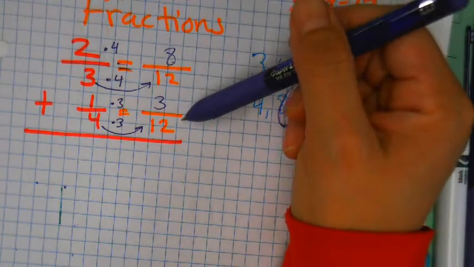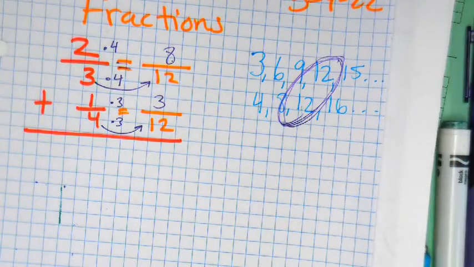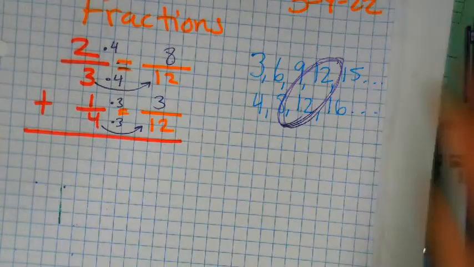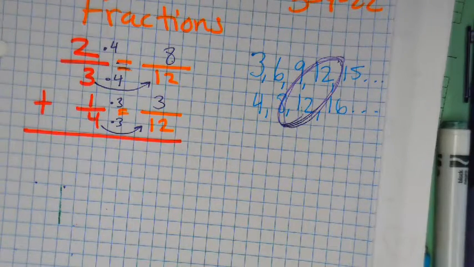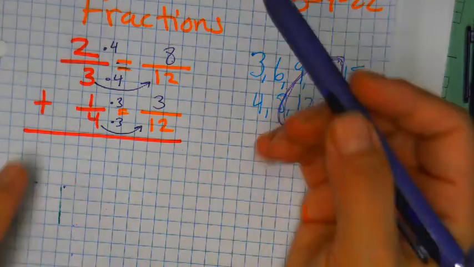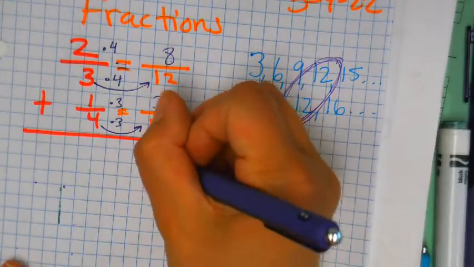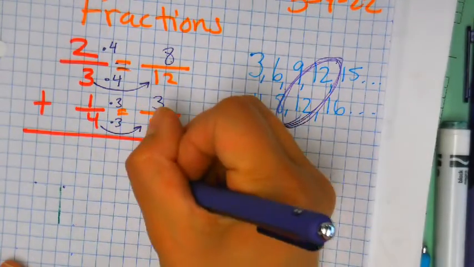And it's like, no, don't keep the same numbers. And I think on your homework, was it last night or tonight? I tell you, like, it's not equal to this. Because kids do that. They're just like, oh, let me just add 2 plus 1 and we're done. It's like, no, kids, you're not. I got the answer right. Well, we'll check. Okay, 8 plus 3 is 11 over 12.